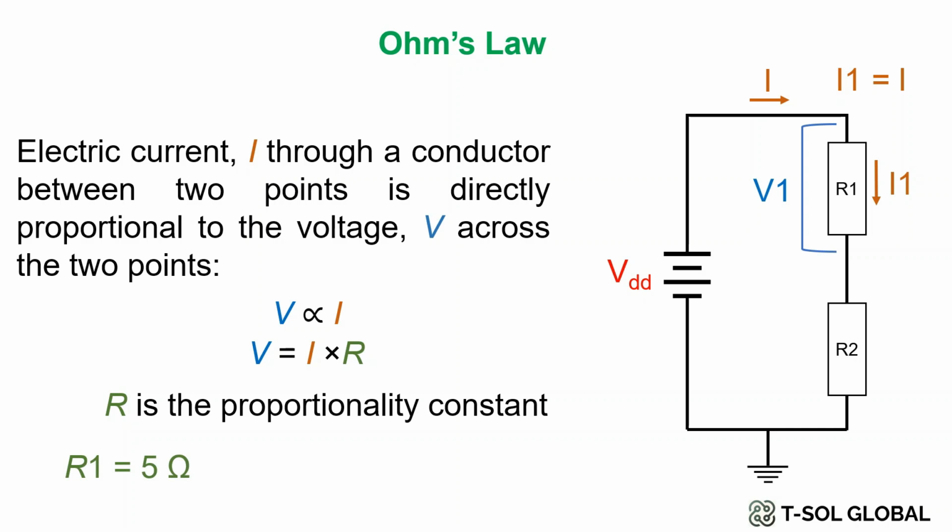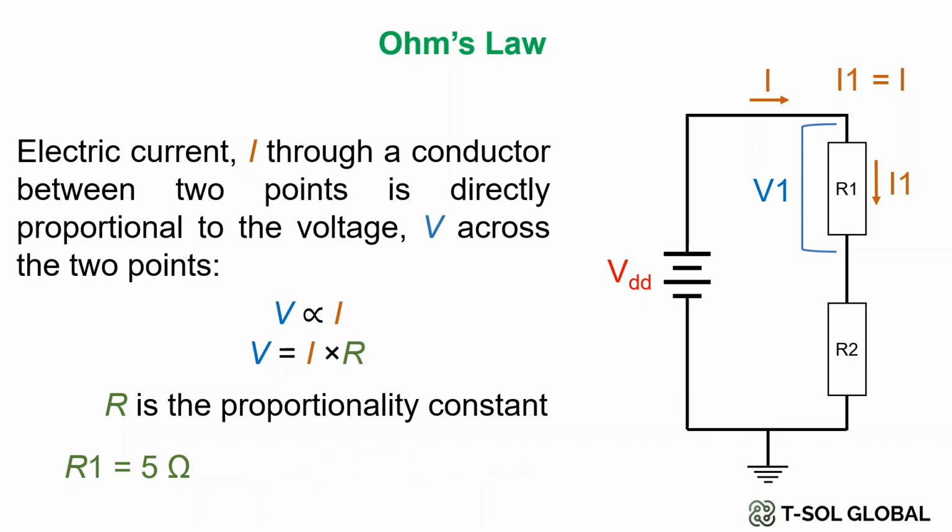Now if we consider a constant resistance of 5 ohm at R1, then if I1 is 1 ampere, V1 can be calculated as 5 volt from Ohm's law.